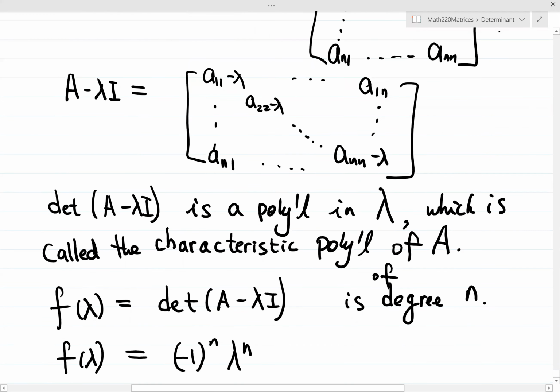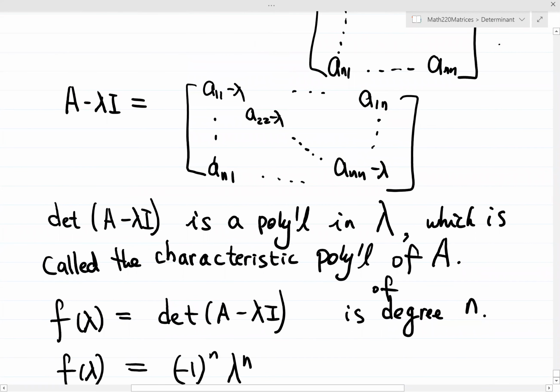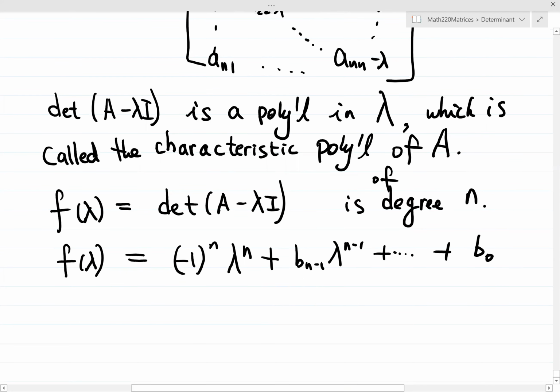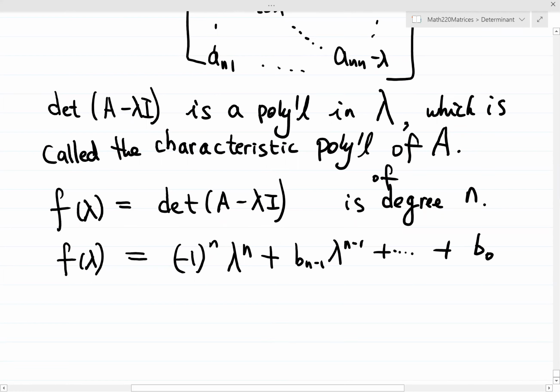The product of the diagonal terms gives n factors of negative lambda, so the highest coefficient is (-1) to the power n, then b_{n-1} lambda^{n-1}, plus etc., plus b0. The coefficients are very important. Now what is f(0)?